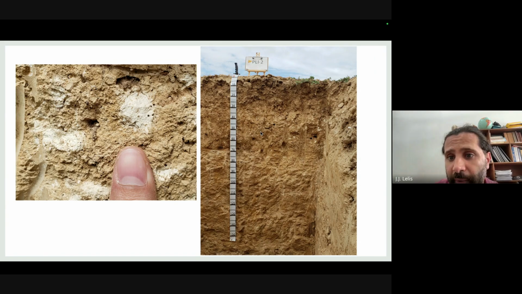That's the calcic horizon, a horizon that expresses secondary precipitation of calcium carbonate. Where can I find this kind of horizon? Dry conditions, guys, it's the same, okay? Because calcium carbonate is a mineral that can be easily destroyed in wet conditions.